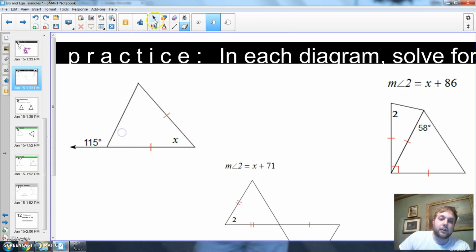If I don't know what I'm doing, I'm going to at least solve something. And I see this over here and say, hey, if that's 115 degrees, can I figure out what this is? I think I can, because that should be a total of 180. So 180 minus 115 is 65. So that's got to be 65.